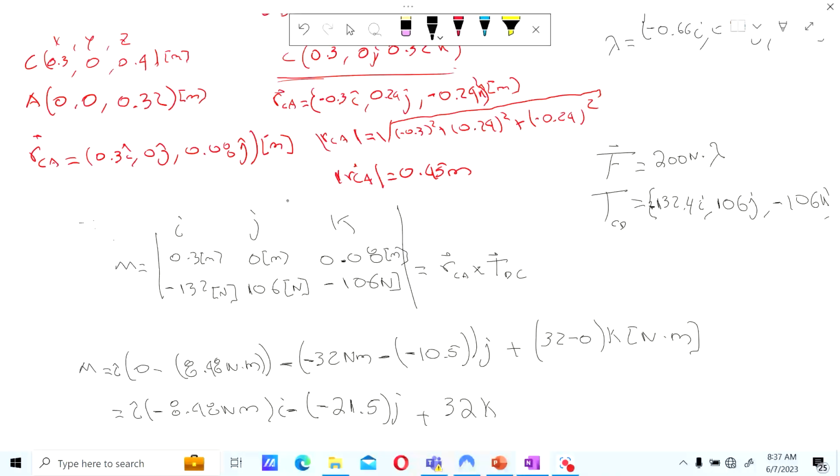Okay, all right. So this means that the moment has components of negative 8.48 I, comma, 21.5 J, comma, 32 K newton meters.